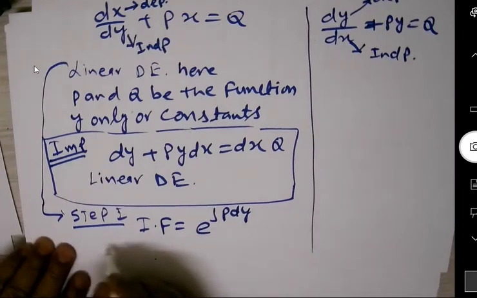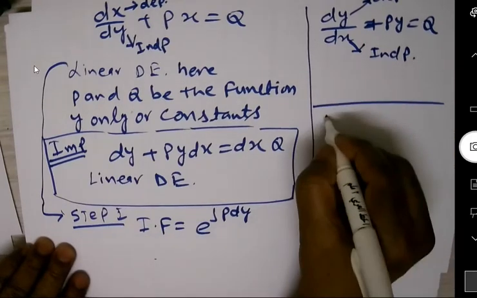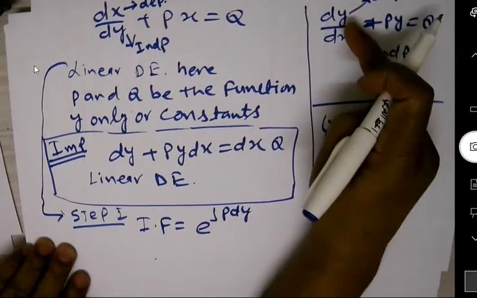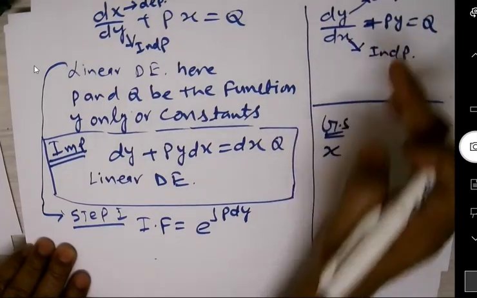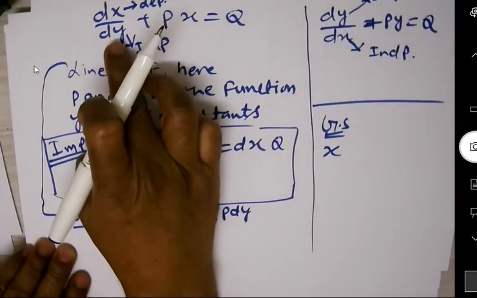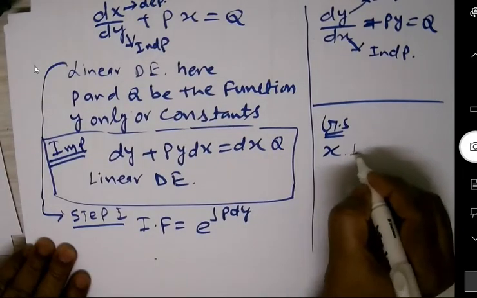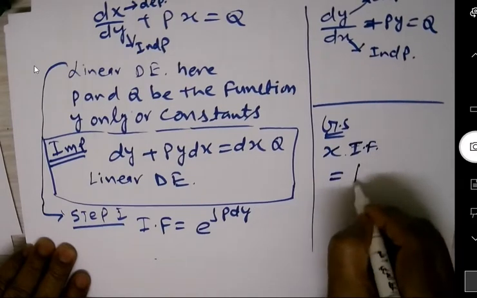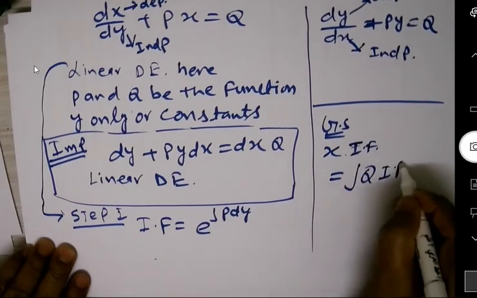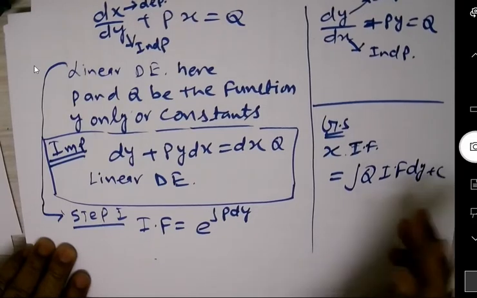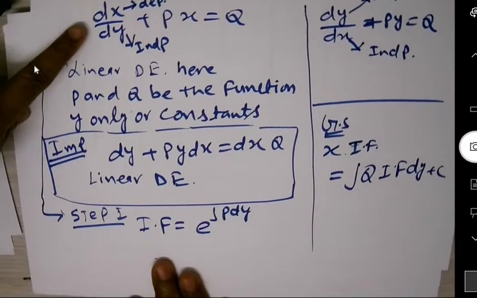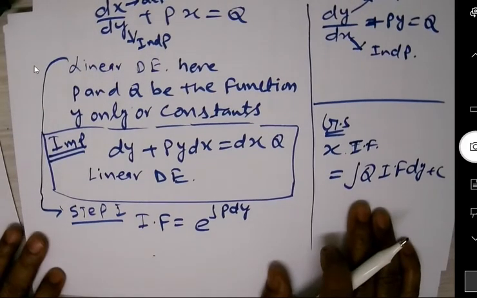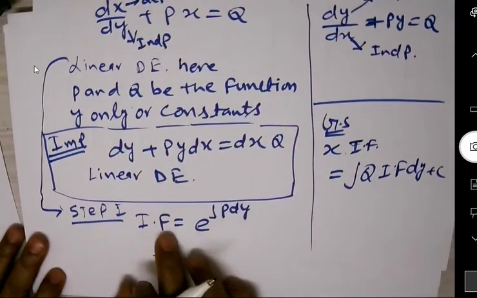And the general solution: the dependent variable here is x, so x into integrating factor equals integral of q into integrating factor dy plus c. This is the general solution when the differential equation is given with dependent variable x, and this is its integrating factor.